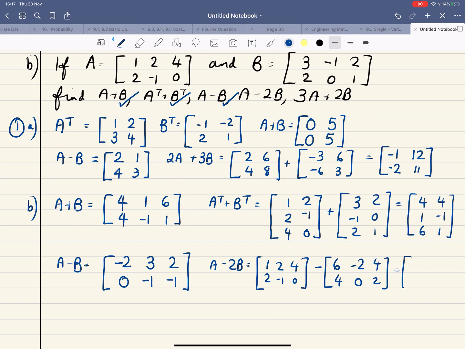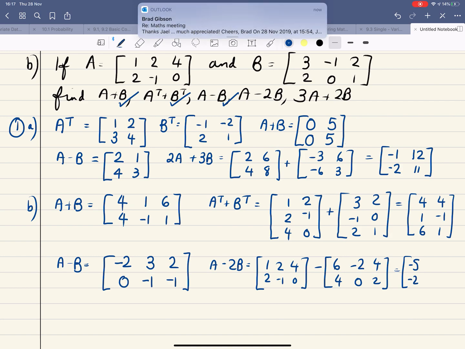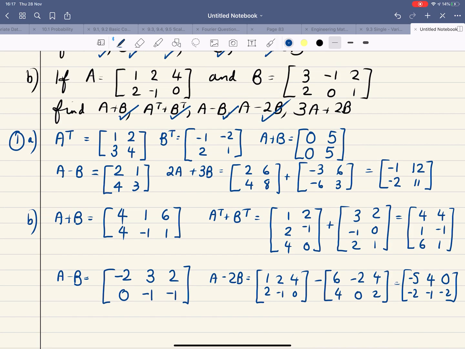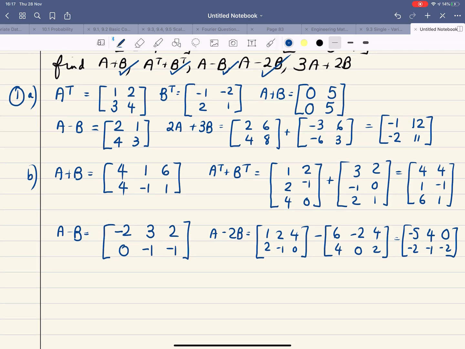Right, top left, 1 minus 6. Bottom left 2 minus 4. 2 minus minus 2 is 4, minus 1 minus nothing is minus 1. 4 minus 4 is 0, 0 minus 2, minus 2. That one. And then the last one, 3A plus 2B.